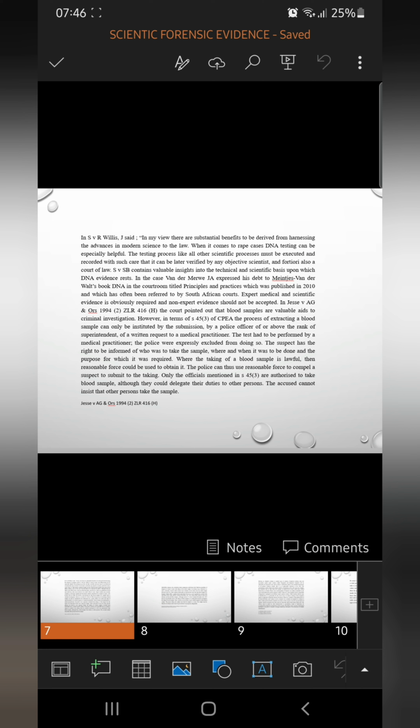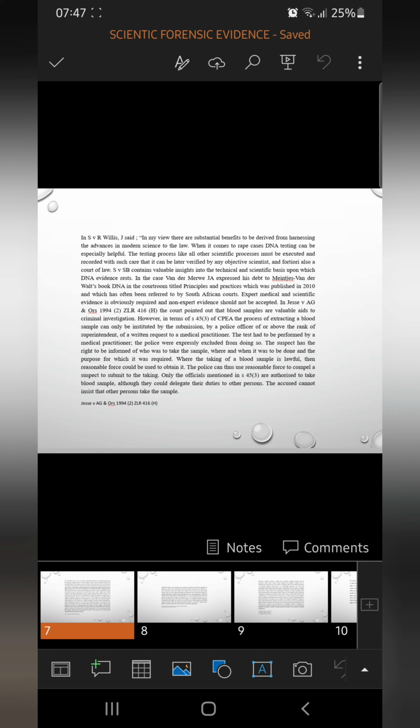However, in terms of Section 45(3) of the Criminal Procedure Act, the process of extracting a blood sample can only be instituted by the submission by a police officer of or above the rank of superintendent of a written request to a medical practitioner. The test had to be performed by a medical practitioner. The police were expressly excluded from doing so.